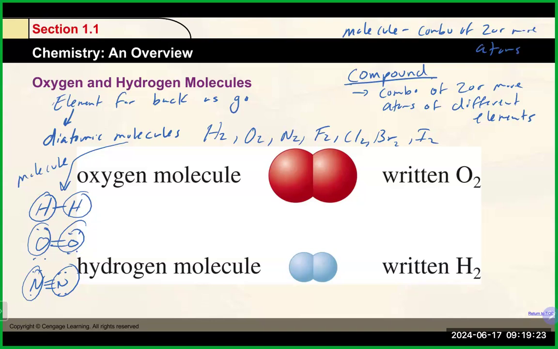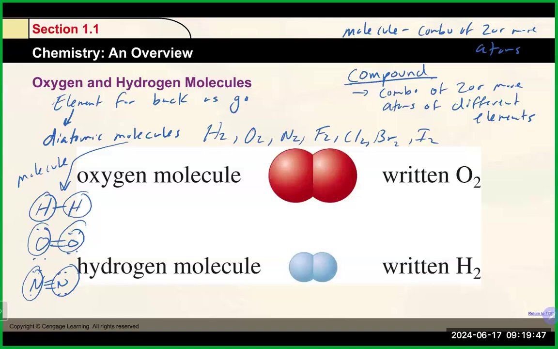So the combination of two or more atoms is pretty much all you need for something to be considered a molecule. And those two or more atoms could be two of the same or two different ones. That's basically a general definition of something. All you need to meet the molecule threshold is two atoms or more together. That's basically all you need.